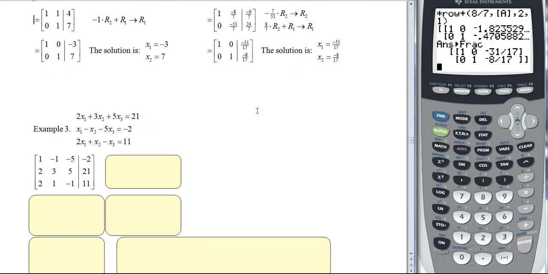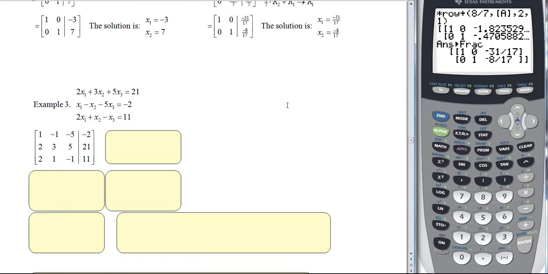Nice. Alright, let's go do 3 equations, 3 unknowns. Now there's something I need you to see here. Notice that I'm not taking the equations exactly how they look to put them in my augmented matrix.